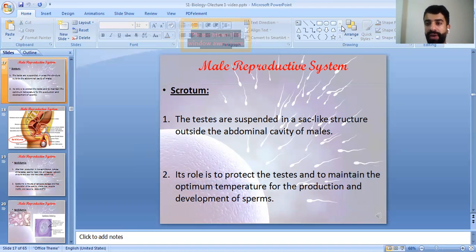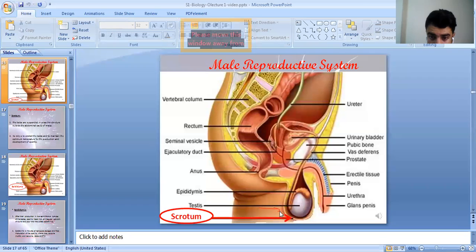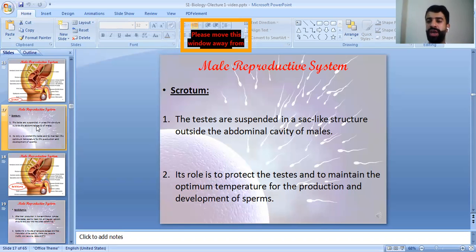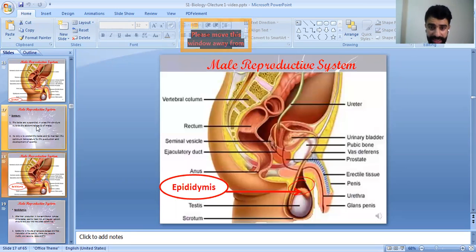Then we have the scrotum, a sac-like structure where the testes are suspended. It is responsible for the protection of the testes and for maintaining the optimum temperature, meaning the best temperature for the production and the development of the sperm cells.